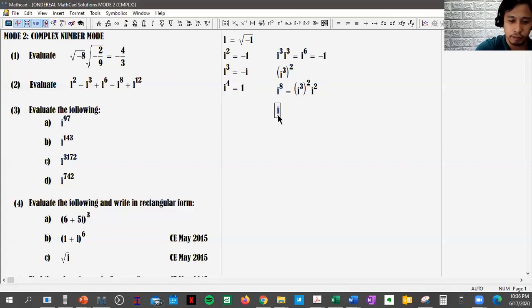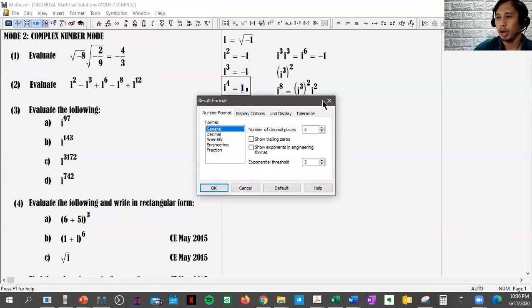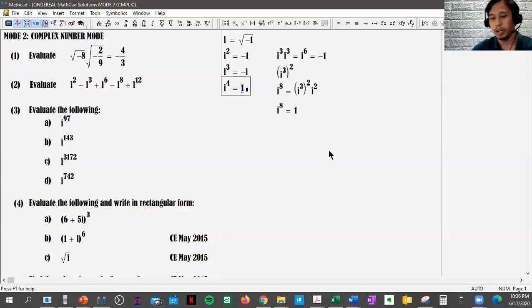I raised to 8 is equal to 1. Or as you can see, it's like you are raising I raised to 4 by 2. So the power is of course 1. 1 raised to 1 is always 1. So ganun, every time we are to raise I by a number which is a multiple of 4, n is always a whole number dito, then its result is always equal to 1.